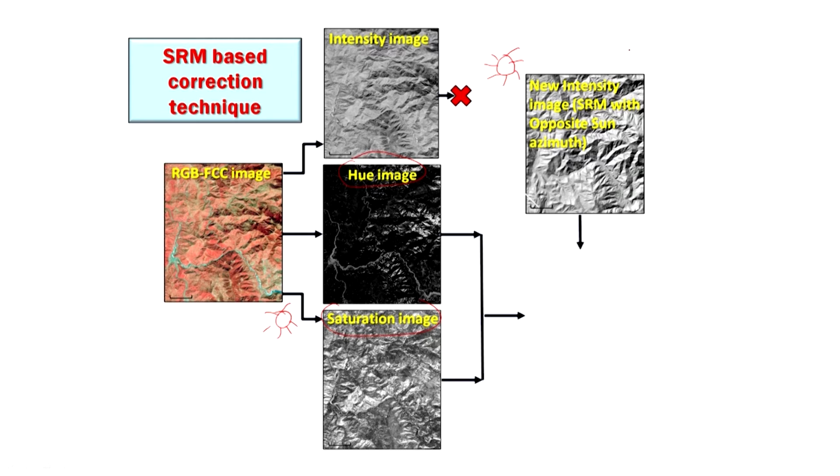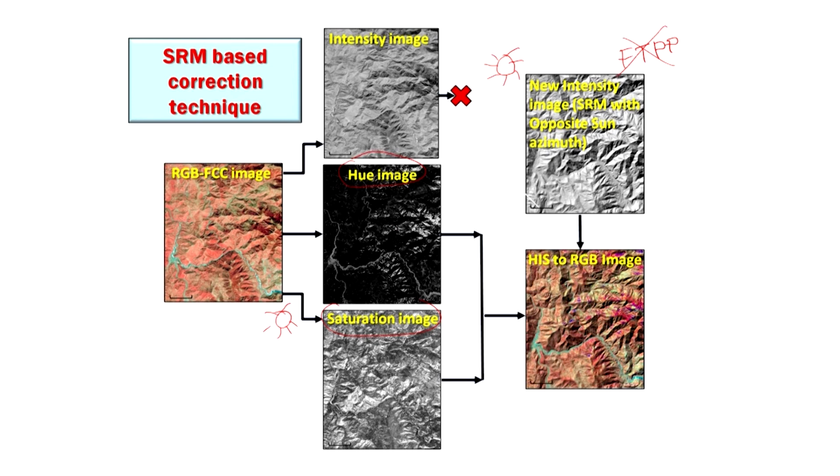So now this image, which of course becomes the intensity image, is not suffering from FTPP. And these two images, hue and saturation, continue in our composition. And what we did, again IHS to RGB.